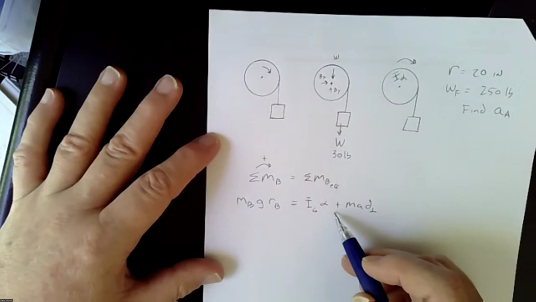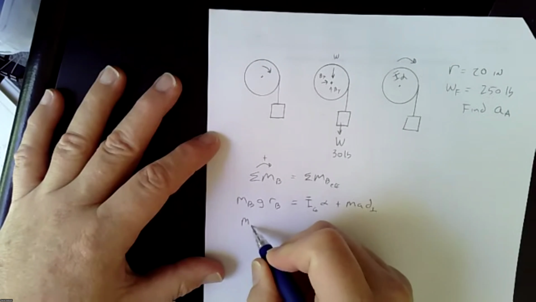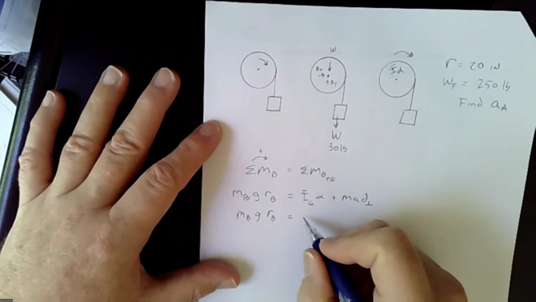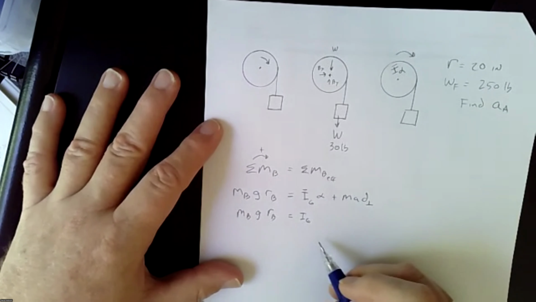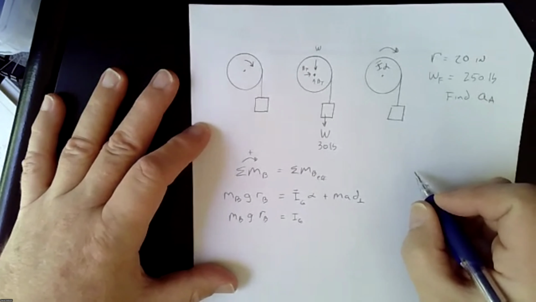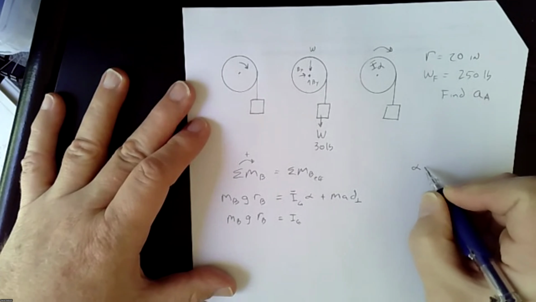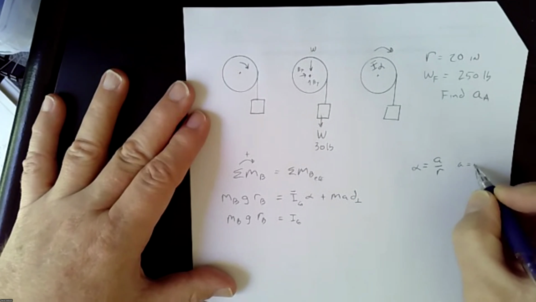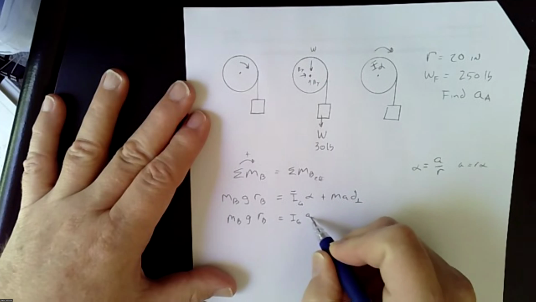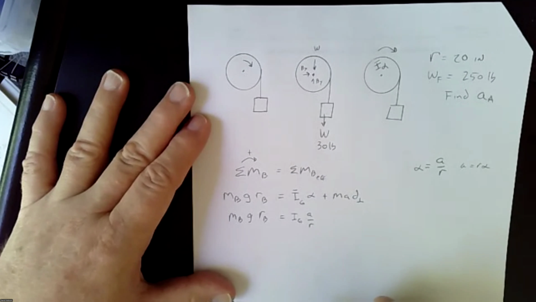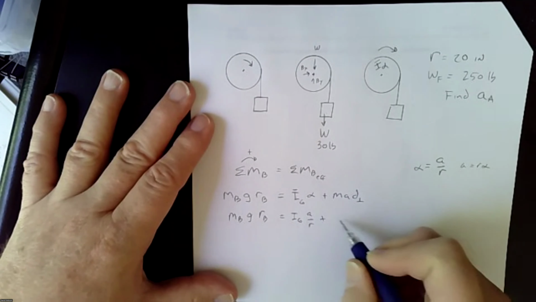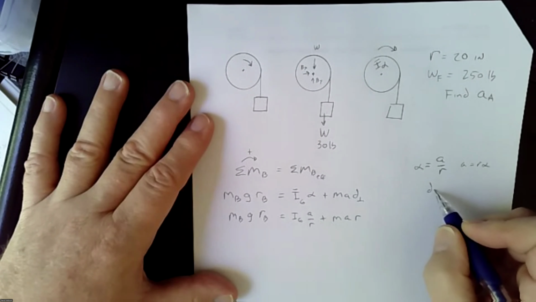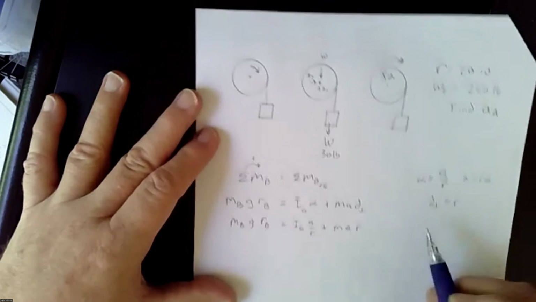So let's expand it a little bit. So mass times G times R B, and that equals I G. Now in this case, what I'm going to do is substitute because I know alpha is equal to acceleration over R, right? Remember, acceleration is R alpha, so I can substitute that for A over R, okay? And then I can also say plus M A R, right? Because my D perpendicular is R. It's just that distance.